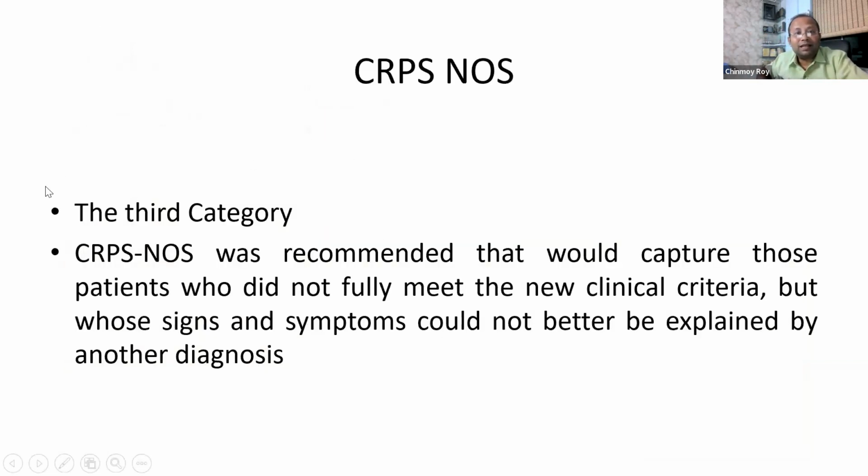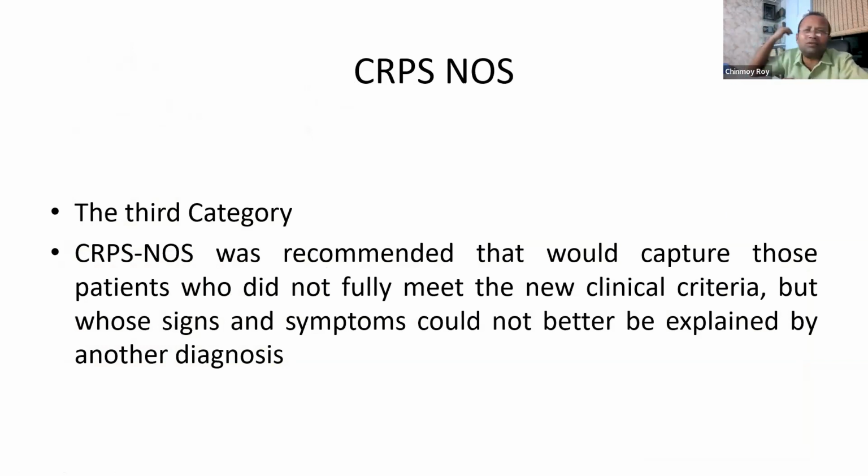CRPS NOS, as I told you, I showed you the first picture where we can hardly understand that there is a problem in this patient. So there also you have to diagnose. If you do not diagnose, we cannot give treatment. So IASP told that the patient should get treatment, unlike earlier when the nomenclature was not there.